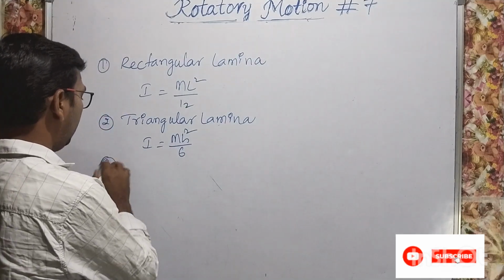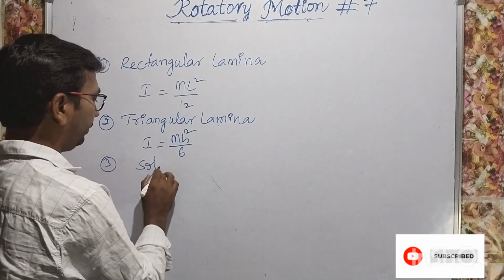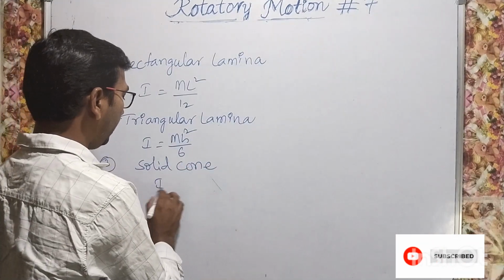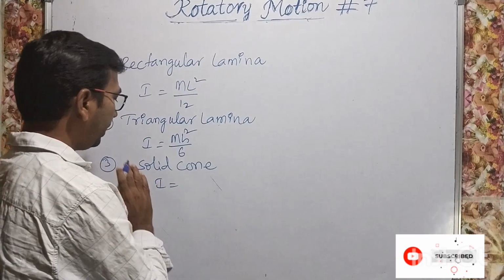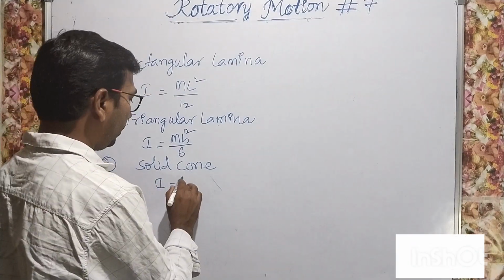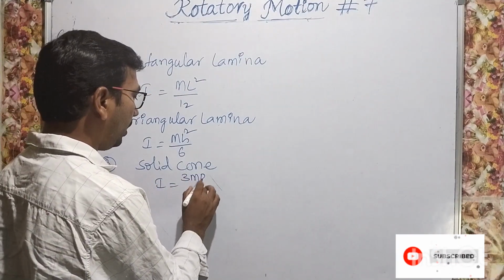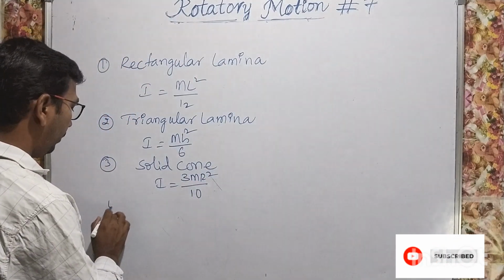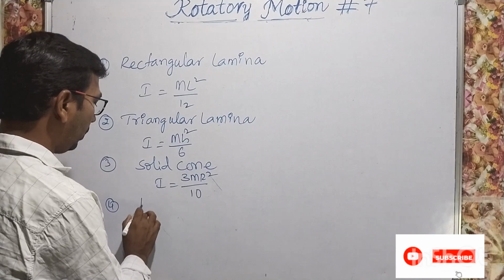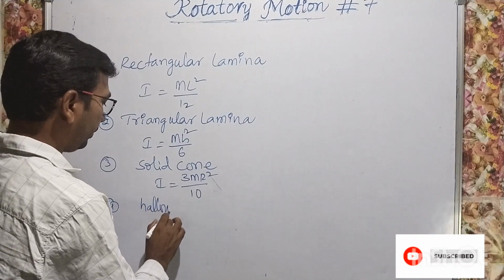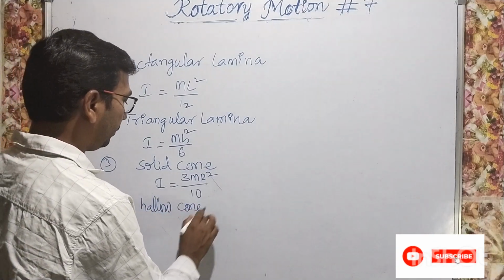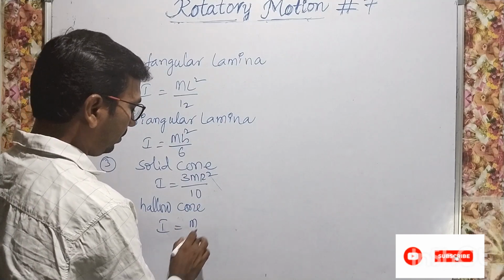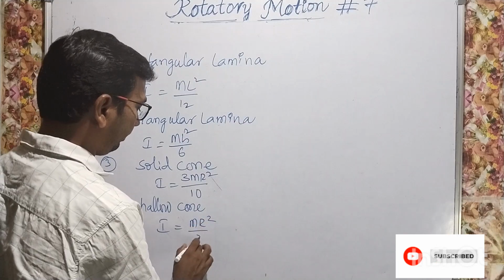The third one is the solid cone, where moment of inertia I is equal to 3 mr square by 10. The fourth one is the hollow cone, where moment of inertia I is equal to mr square by 2.